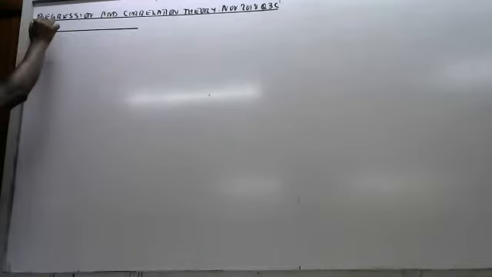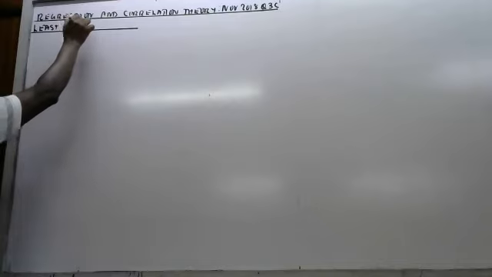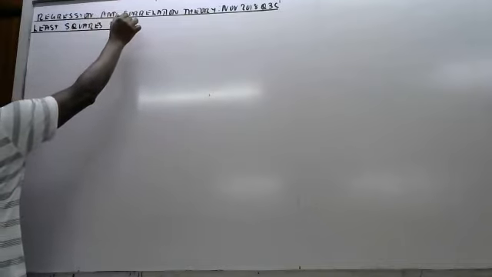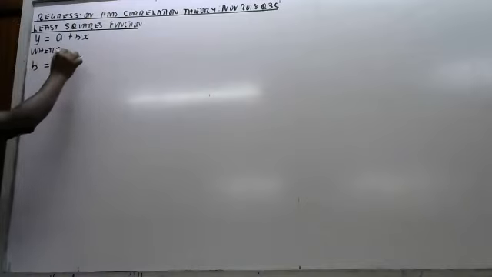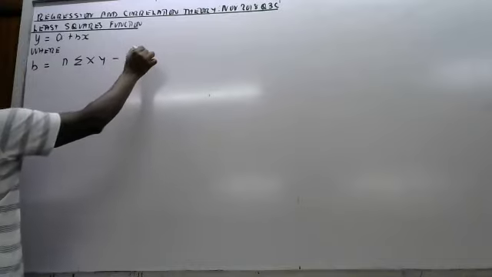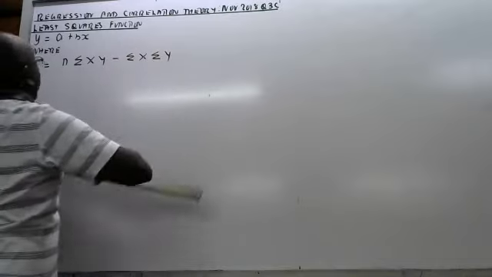So least squares function is given as y is equals to a plus bx, where b is equal to n sum of xy minus sum of x sum of y.